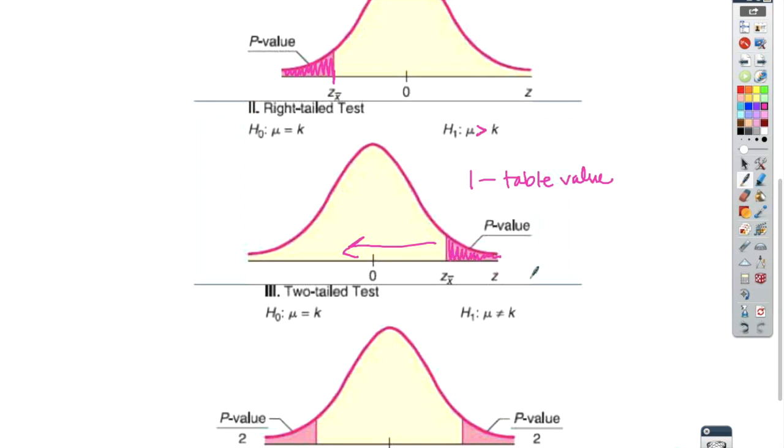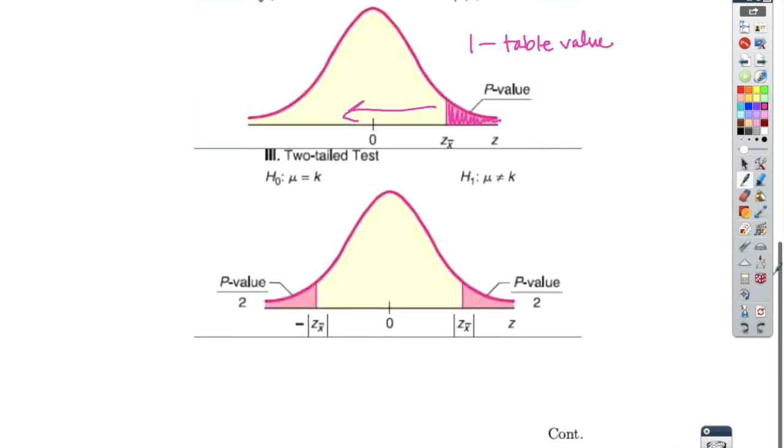So that would be your p-value in a right-tailed test. Now in a two-tailed test, where your alternate hypothesis says not equal to, you're just going to take that left area, or the right area, whichever you can find, and multiply it by 2. Because the two areas are going to be the same, so you'll find whichever one is easier and then just double it.